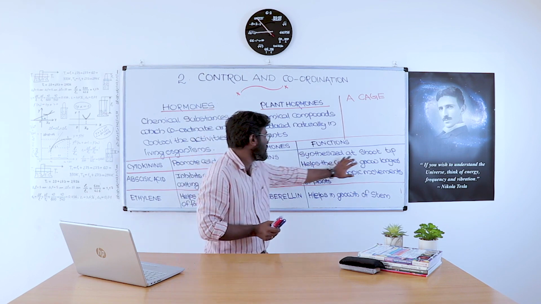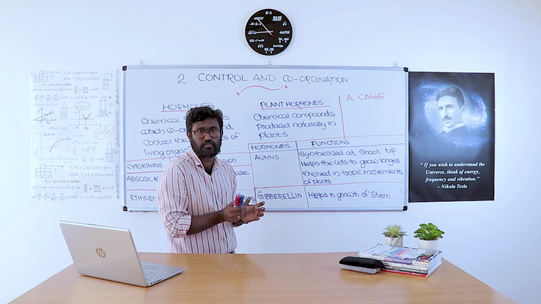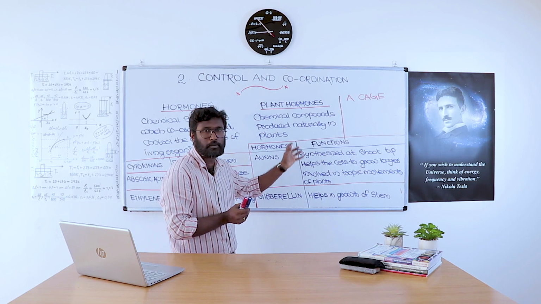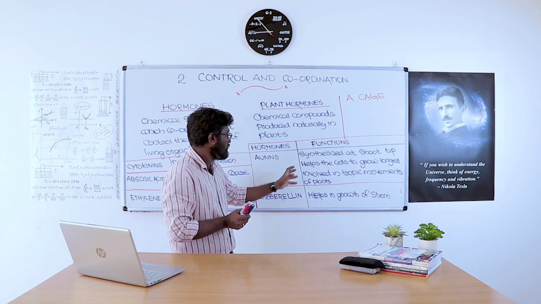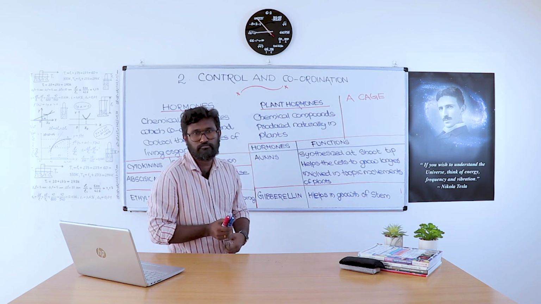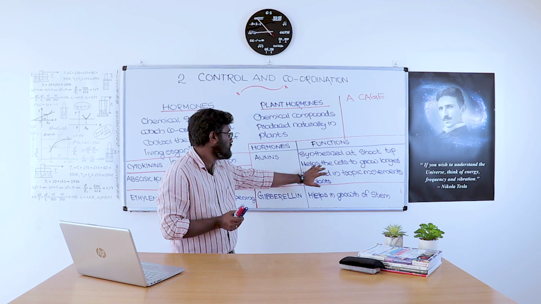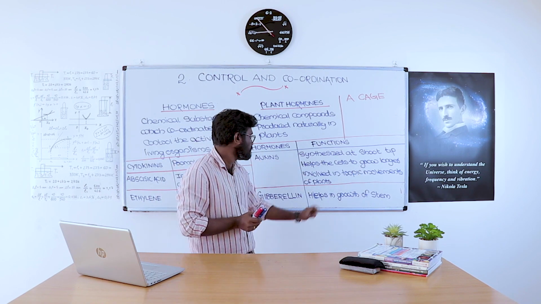Auxin is synthesized at the shoot tip. It is produced at the shoot tip, and it helps the cells to grow longer. The hormone auxin helps the cells to grow longer.